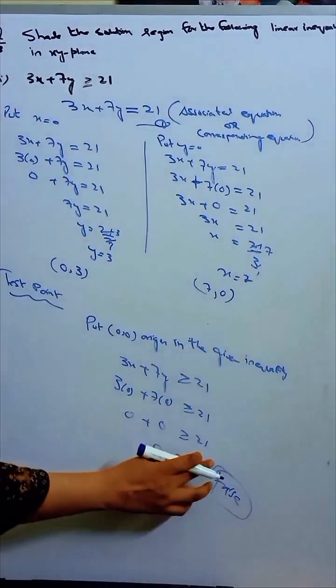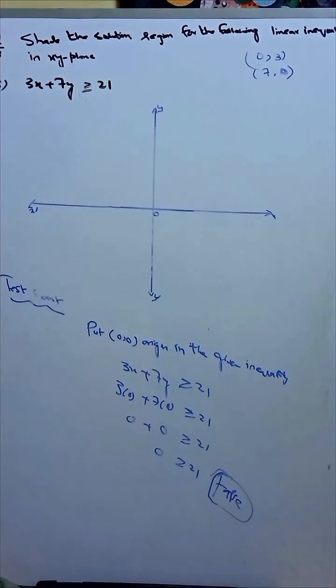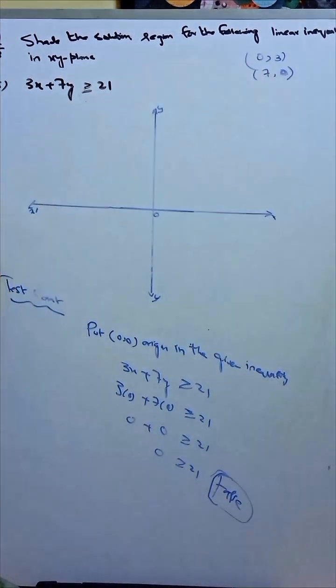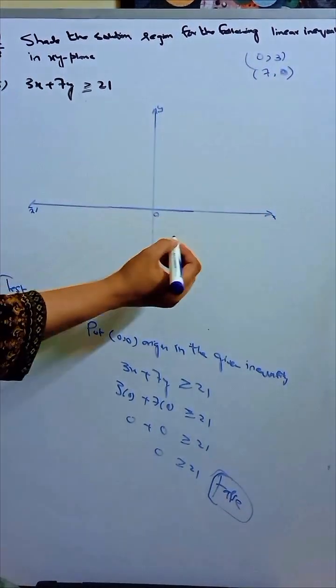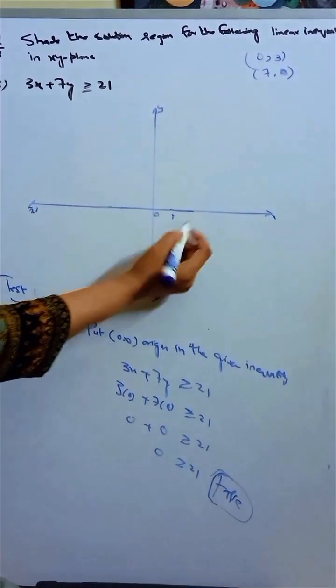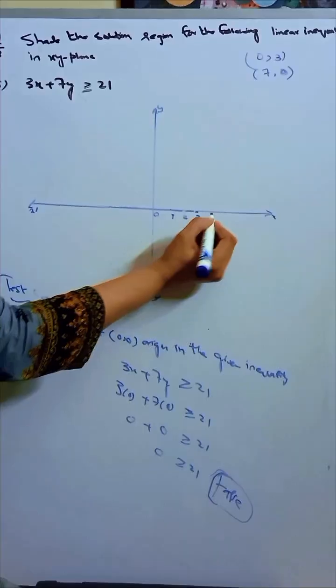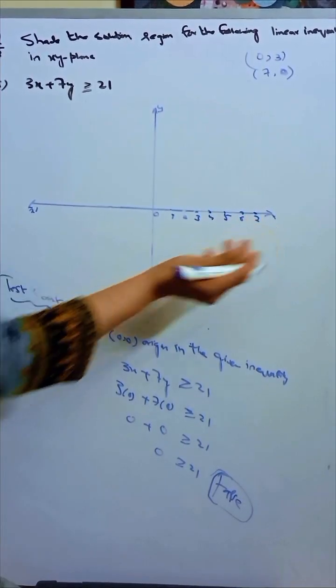Alright? Not true. Now the pairs on the xy plane. The xy plane is this one. So, to represent x is 0, y is 3, and x is 7, y is 0, it must go up to 7. This is up to you. You have to take these points according to the ordered pairs. 1, 2, 3, 4, 5, 6, 7.